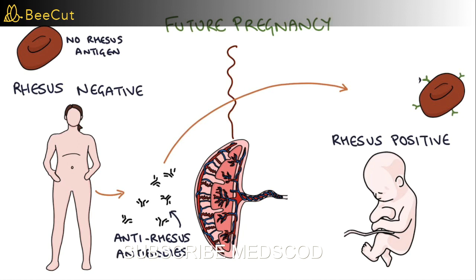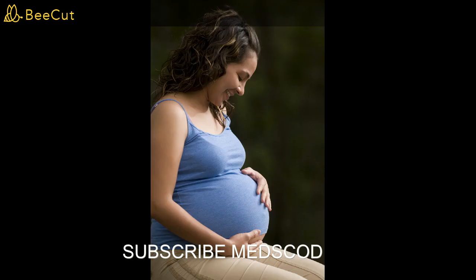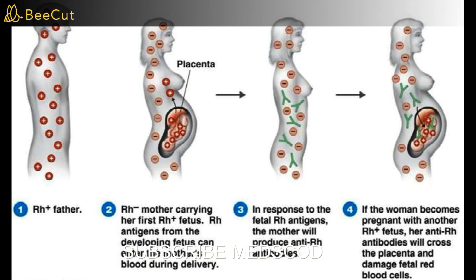So who is at risk for rhesus incompatibility? A woman who is rhesus negative is at risk for rhesus incompatibility when she becomes pregnant. This rhesus incompatibility happens only when the father of the baby is rhesus positive.